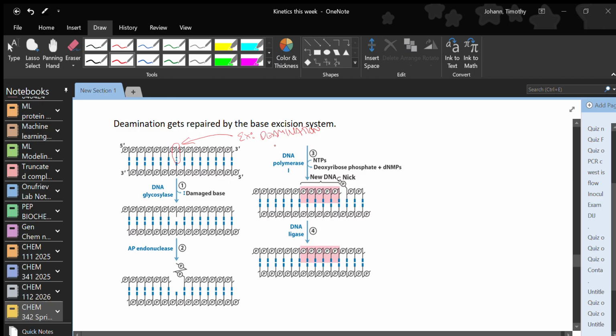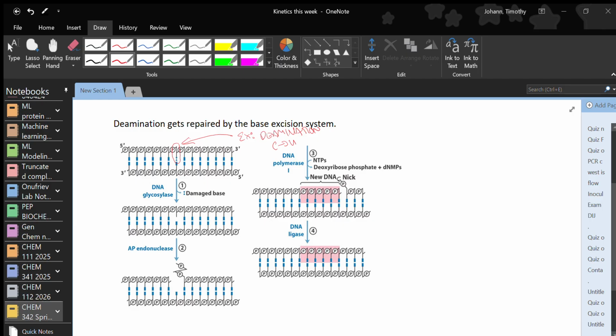So this could be a C to a U. A DNA glycosylase comes in, and there are a number of DNA glycosylases that recognize different types of damage, and it clips out the damaged base. It's still going to leave the phosphate backbone there.